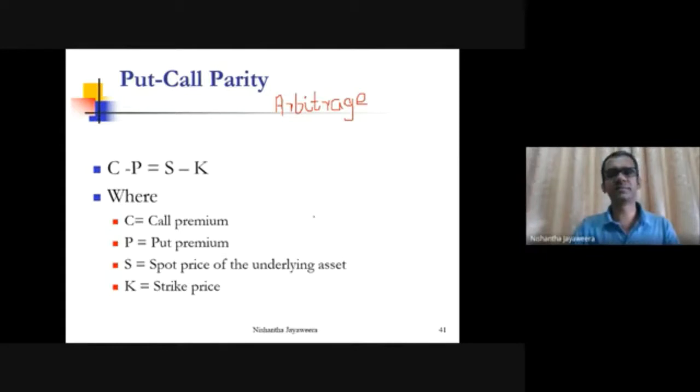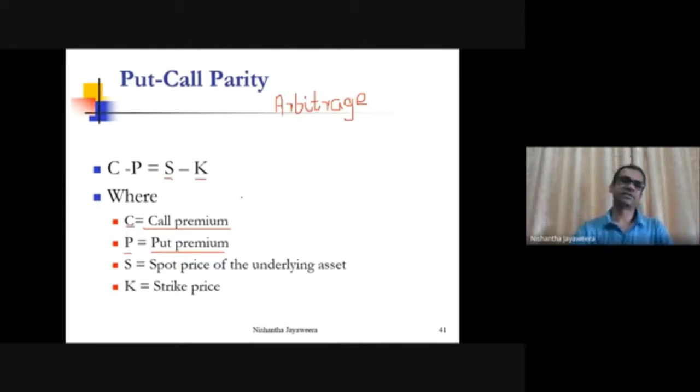Otherwise, there will be an arbitrage opportunity. What does it mean? Call option premium minus the put option premium. Remember, this C is for the call premium, P is for the put premium. The difference should be equal to the spot price minus the strike price.